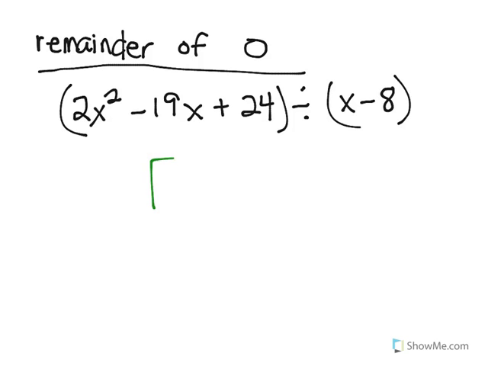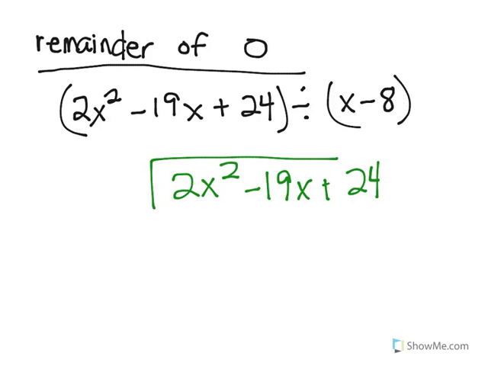If I place my dividend, 2x squared minus 19x plus 24, and then my divisor, x minus 8. Now I'm going to ask the question, how many times does x go into 2x squared? Well, it goes in 2x times. So 2x times x is 2x squared.